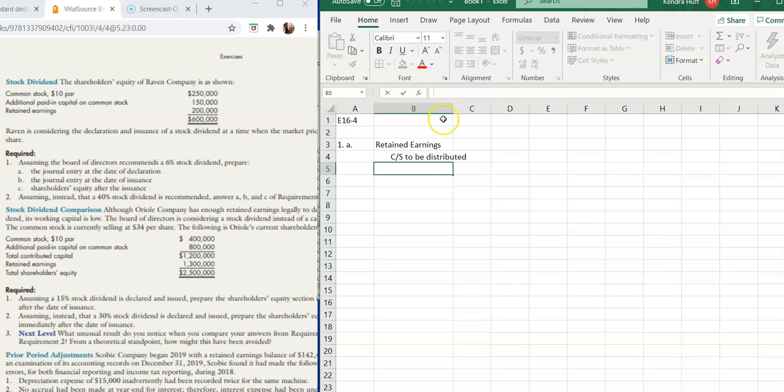And we're also going to credit, since it's a small stock dividend, we're going to use market price. So we're also going to have paid in excess from a stock dividend.